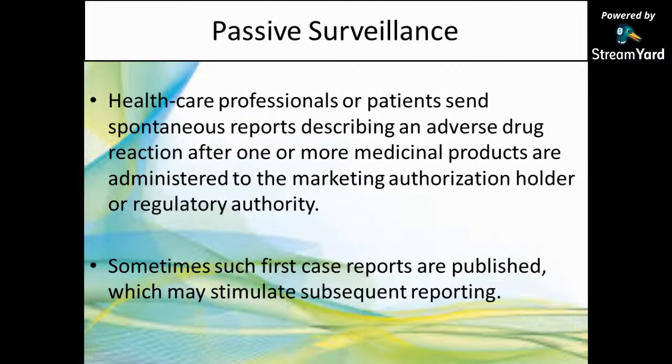Sometimes it is the first report published about an adverse event. After taking the XYZ medicine, the first time this report has been reported by the patient or the HCP. So this is signal generation. Okay. So this will stimulate the subsequent reporting. So this can be an initial phase of the signal generation.